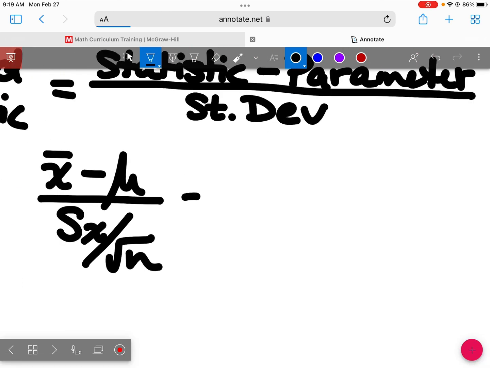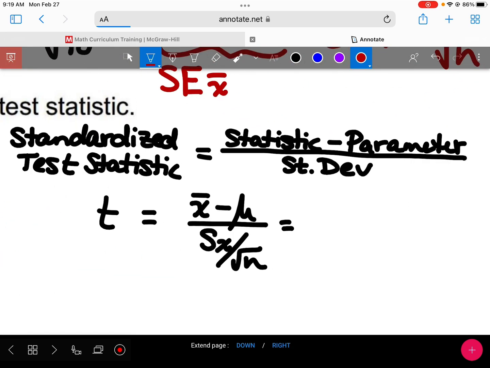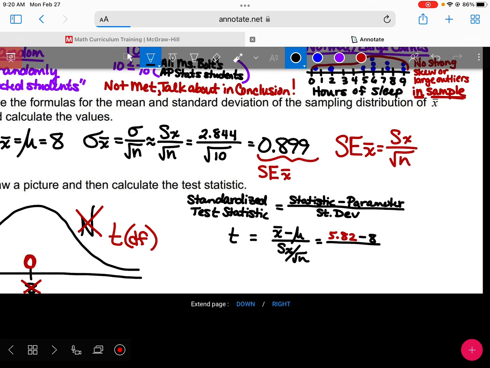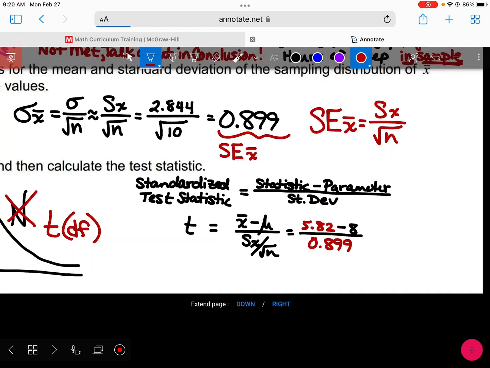So let's calculate this for our data. We had 5.82, that was our sample mean, minus mu, which is 8, over our standard error, which is 0.899. This is what we calculated right up here.